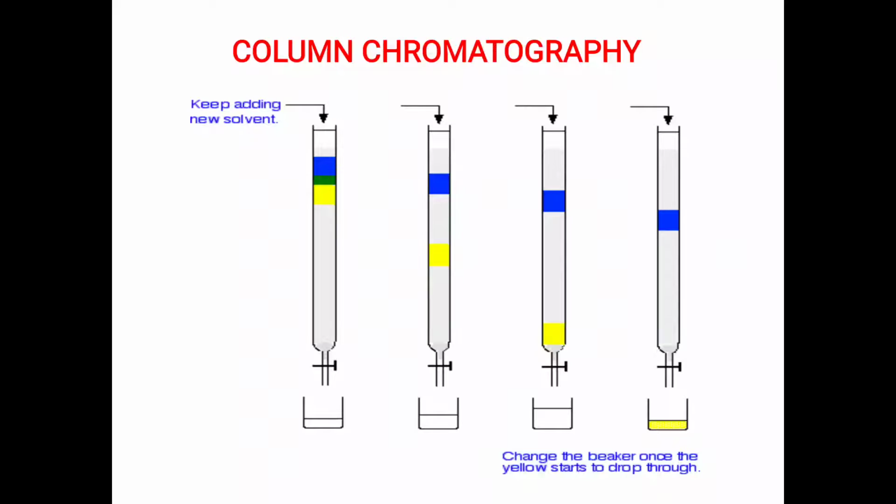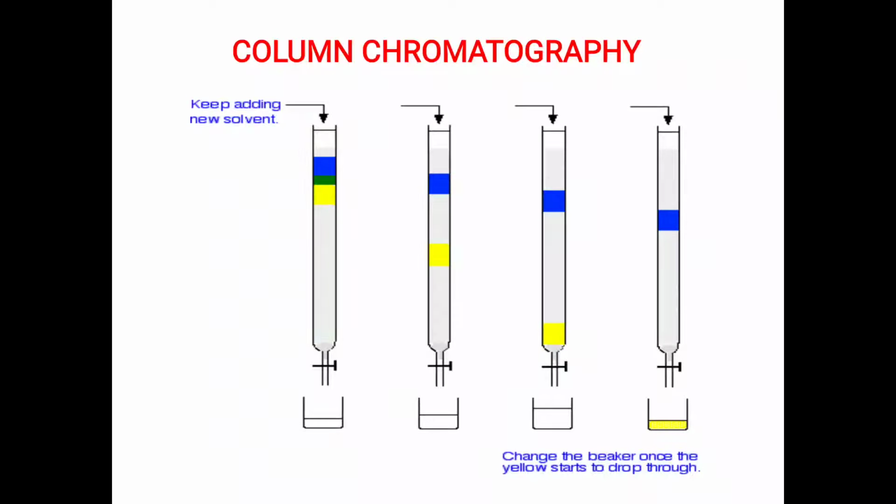Here we collect this yellow. Now all the yellow components are removed. Now use a polar solvent to separate this blue zone, that is the other part of the mixture, the sample which remained behind, strongly adsorbed. Once one component, the yellow zone, is eluted, that means one component is removed from the mixture, then the second component can be separated by adding more polar solvent.